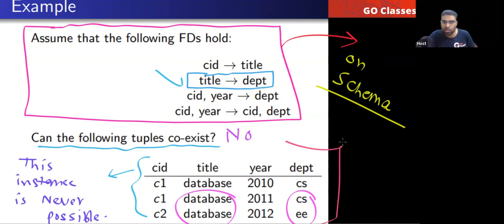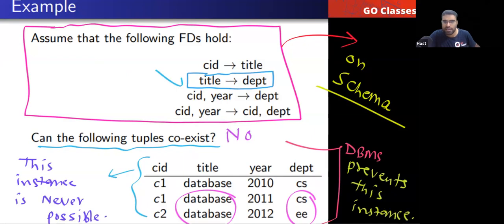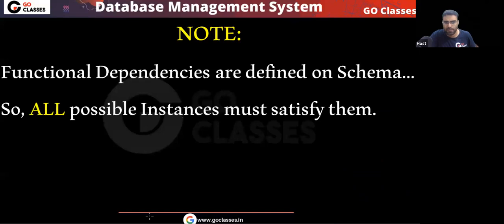DBMS prevents it. This instance will not be allowed by DBMS. An error will come. If you try to insert these three tuples, then DBMS will prevent it and give you an error.